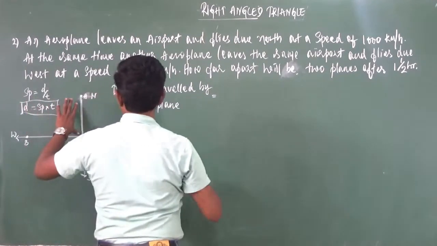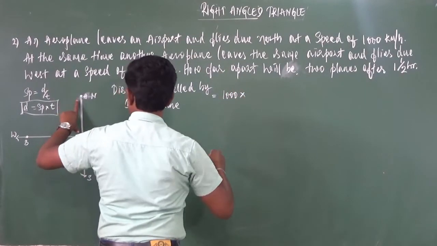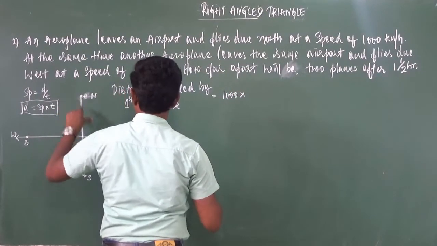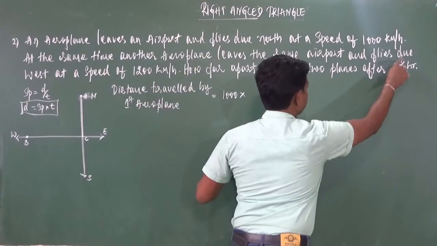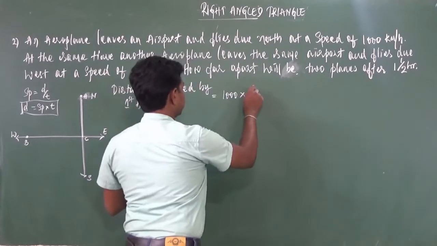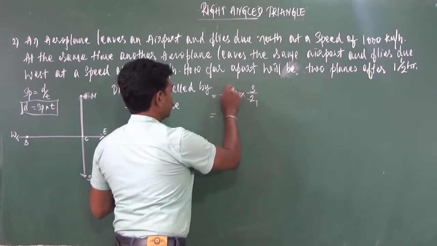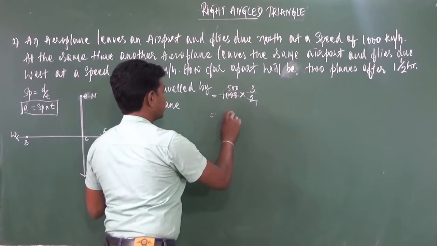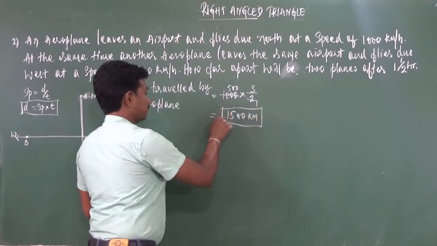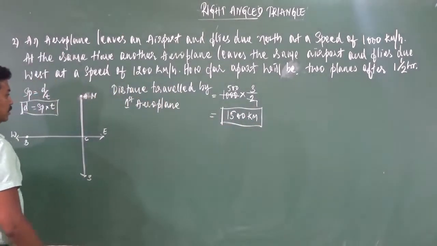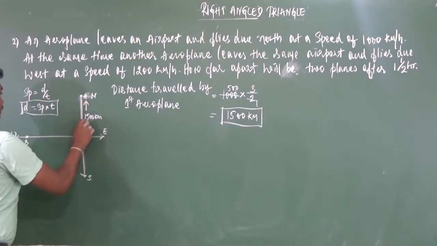The speed of the first aeroplane is 1000 km per hour into the time taken from here to here, which is 1.5 hours, that is 3 by 2. So 1000 into 3 by 2, that is 500 into 3, which is 1500 kilometers. So the distance traveled by the first aeroplane is 1500 kilometers. This is the distance.